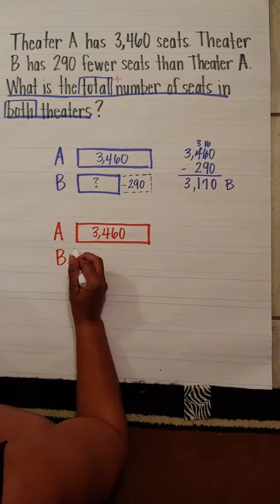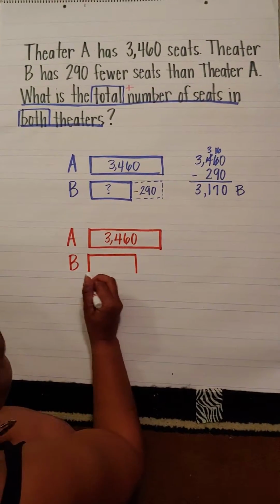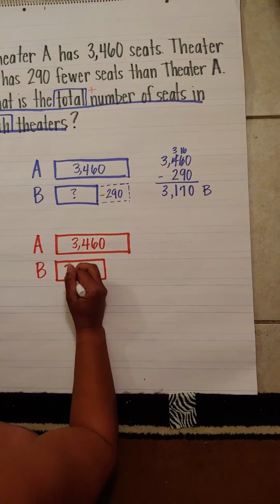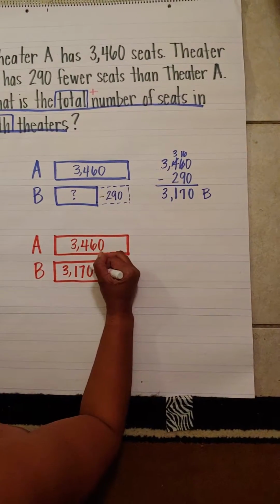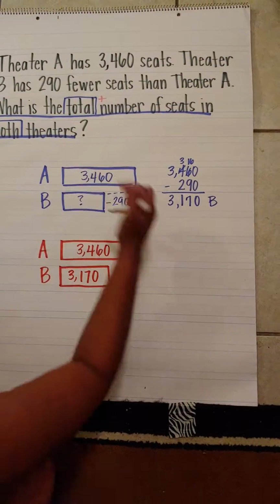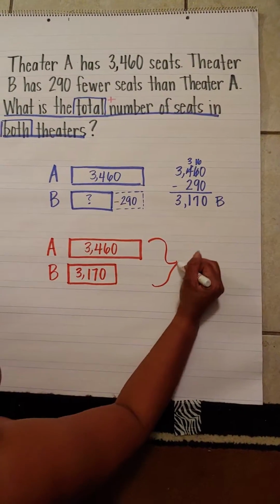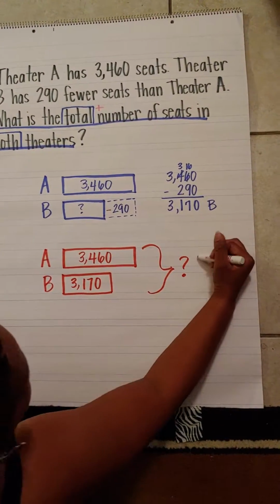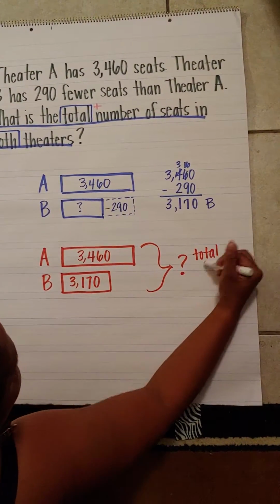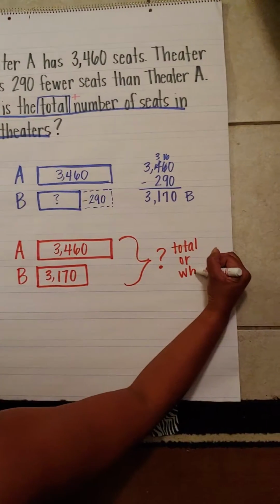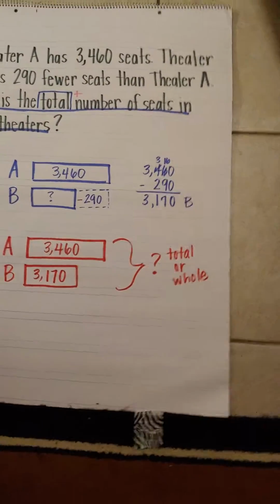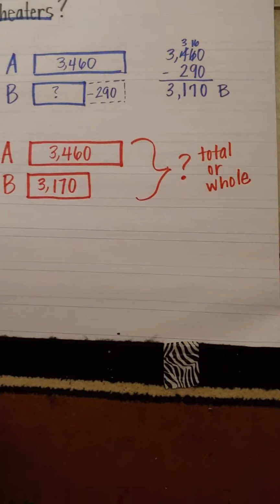And we now know how much is in Theater B, which is 3,170. Now we can figure out what the total number is. The total is like the whole. So we can put total or whole.